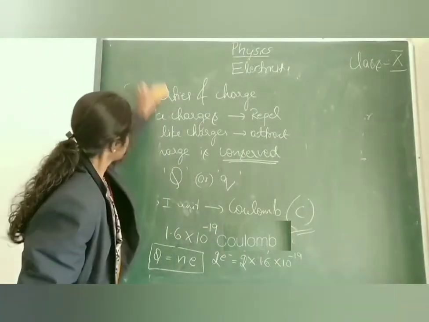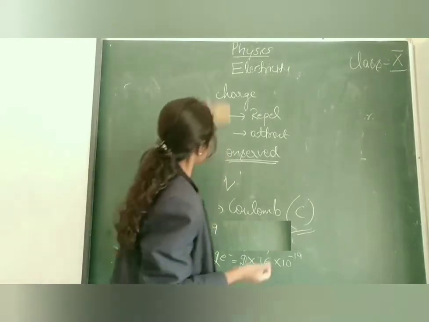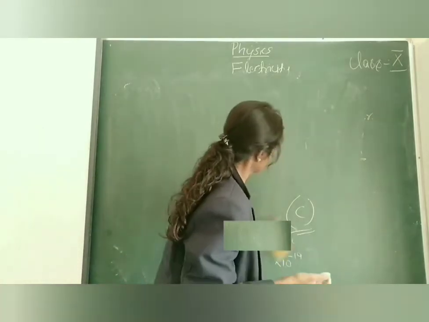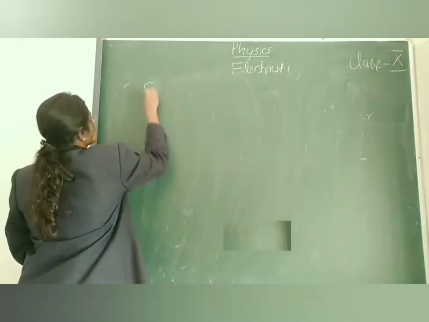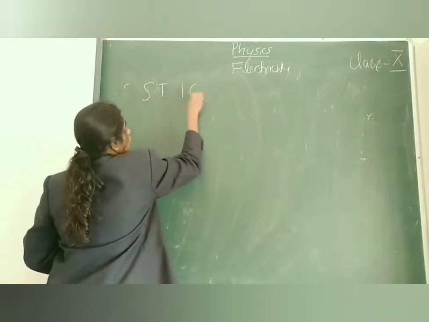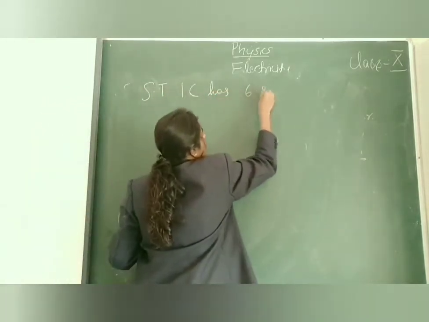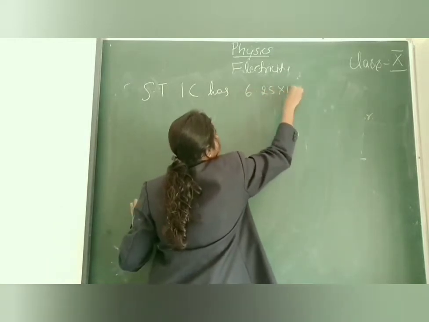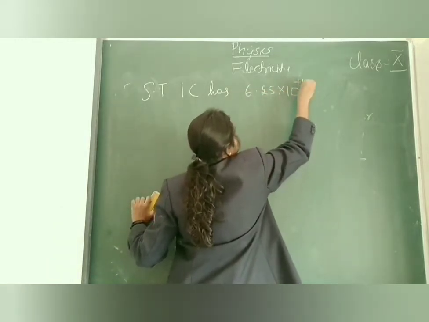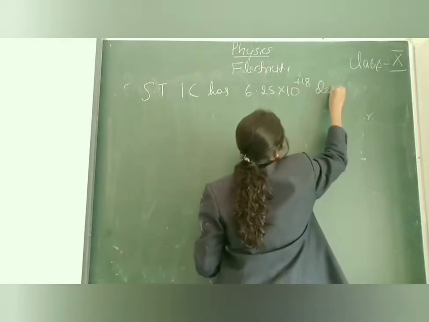Now, we will show that 1 coulomb has 6.25 into 10 to the power plus 18 electrons.